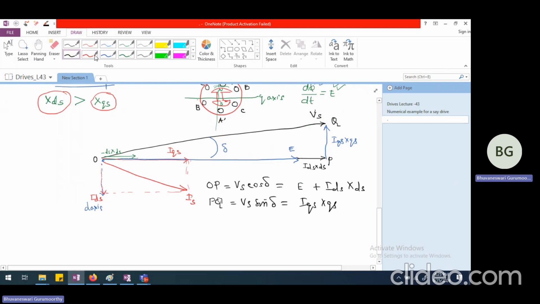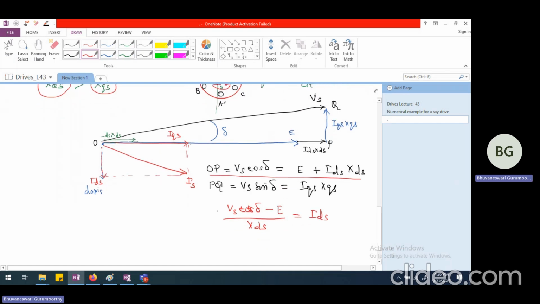So from this particular equation what I have written, I can write Vs cos delta minus E divided by XDS will give me IDS.